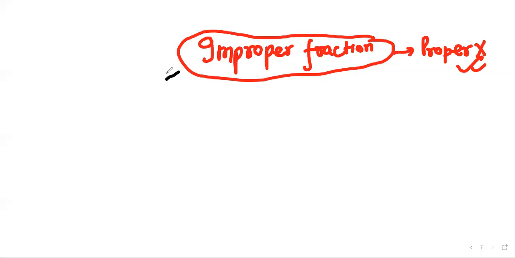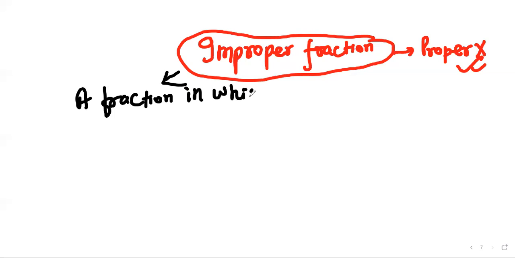For an improper fraction, just opposite to the definition of a proper fraction, it is a fraction in which the numerator is greater than the denominator. That's it. This is your improper fraction.